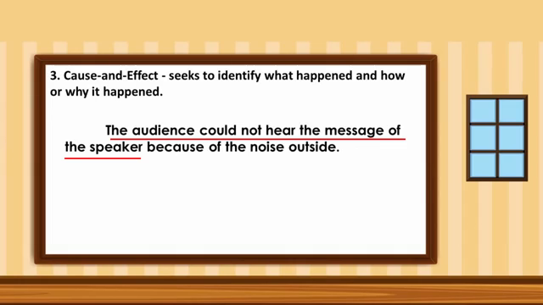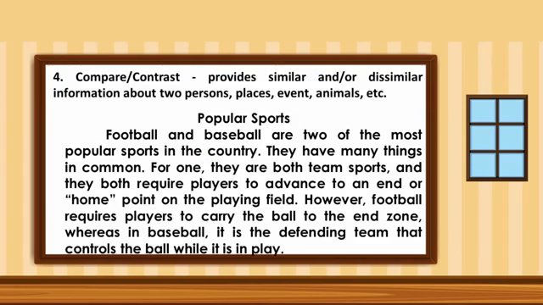The audience could not hear the message of the speaker. How about the cause? That's right, the noise outside. Now, what word helps us find the cause and effect? You're right, it's because.